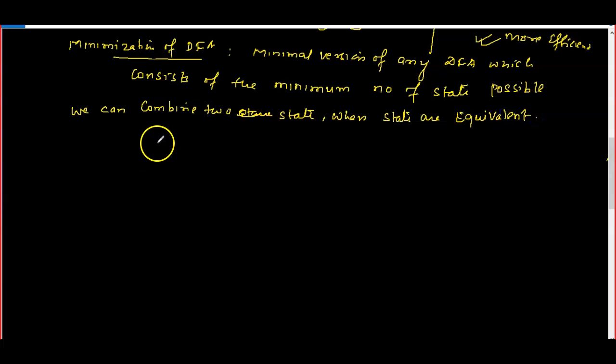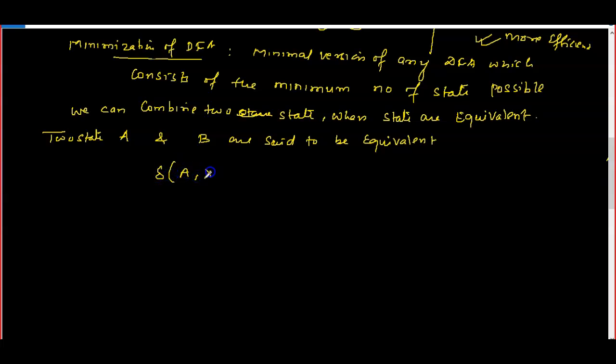Equivalent means, consider 2 states A and B. A and B are said to be equivalent if any transition from A to X goes to the final state, and the same happens for B: for the same input, it goes to the final state.